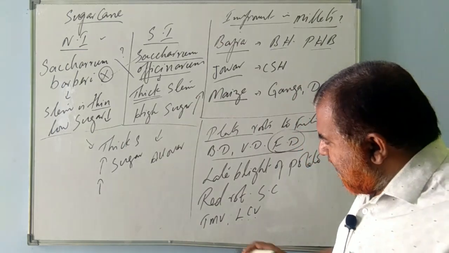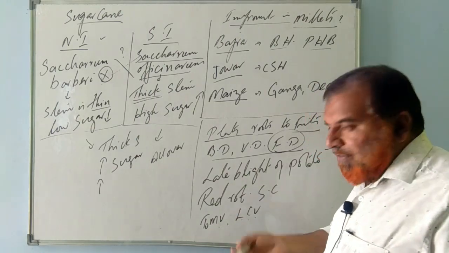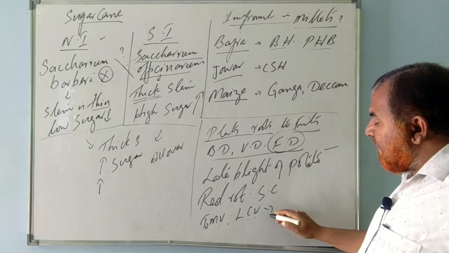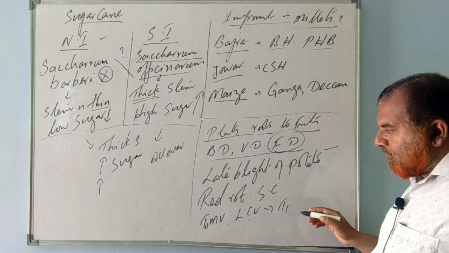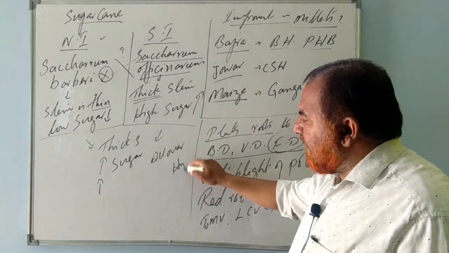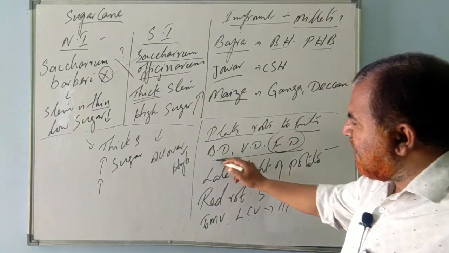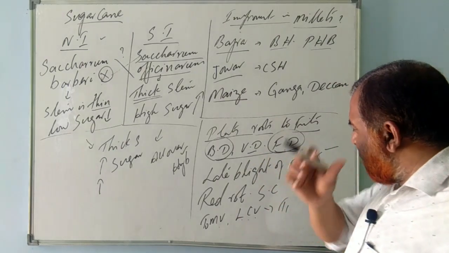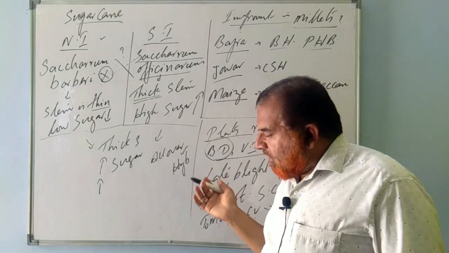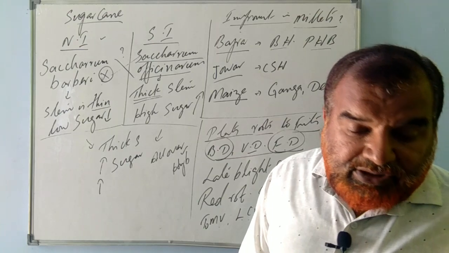TMV is tobacco mosaic virus, also tomato mosaic virus, ToMV, turnip mosaic virus, TuMV, LCV, leaf curl virus. These are all viral diseases of tomato and other crops. So to overcome these diseases, what is the answer? Hybridization. Hybrid varieties help us overcome bacterial diseases, viral diseases, fungal diseases in many food crops. So these are the main aspects of hybridization.